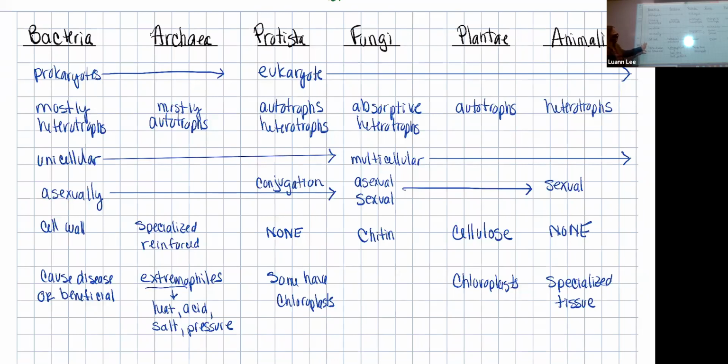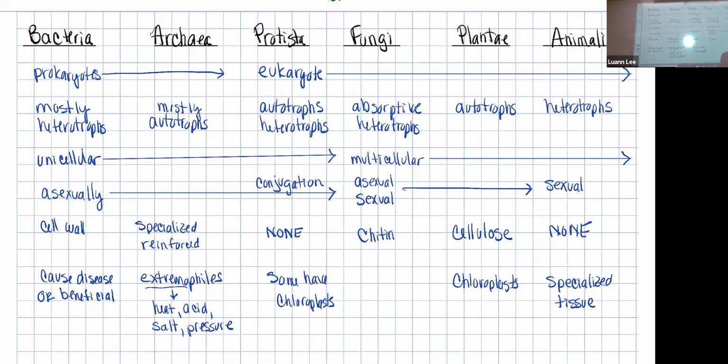If they have a cell wall, it can be made of some combination of carbohydrate and proteins for the most part. Archaea have a very, very reinforced cell wall and cell membrane. It has a lot of different proteins. It's thicker, it's bigger, it's harder to penetrate.